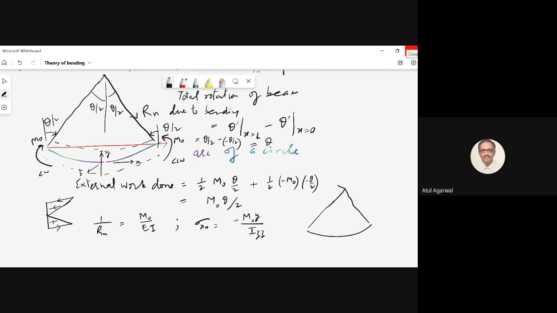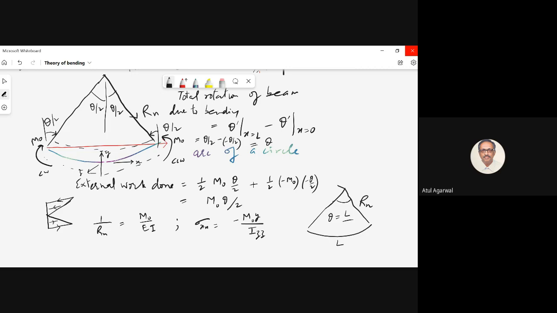So we know this radius of curvature. What is the length of the neutral surface? Anybody? Length of the longitudinal fiber along the neutral surface? The neutral surface does not suffer any contraction, so this length is L. So your arc length is L. So what is this angle?